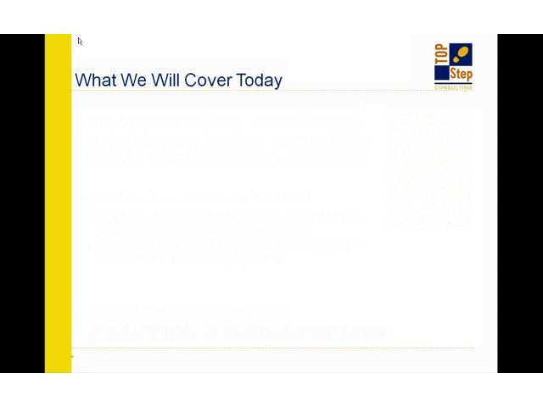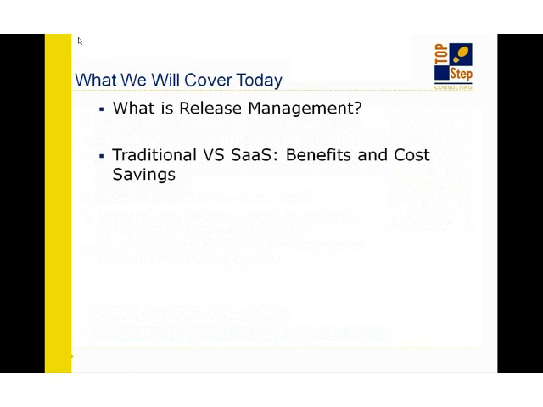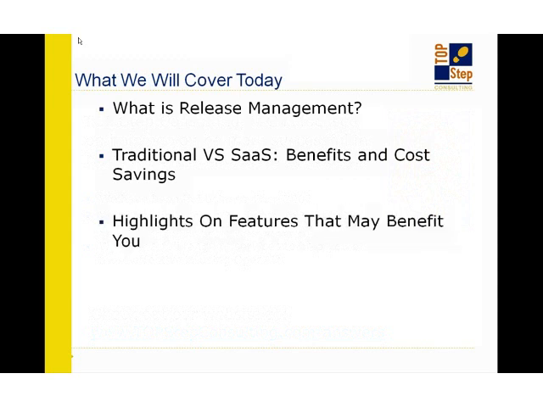So let's go over what we're going to cover in this webinar today. The first thing we're going to talk about is what is release management, the technical definition and how that is defined slightly differently with SaaS. We'll talk about traditional versus SaaS release management and some of the benefits and cost savings between the two models.